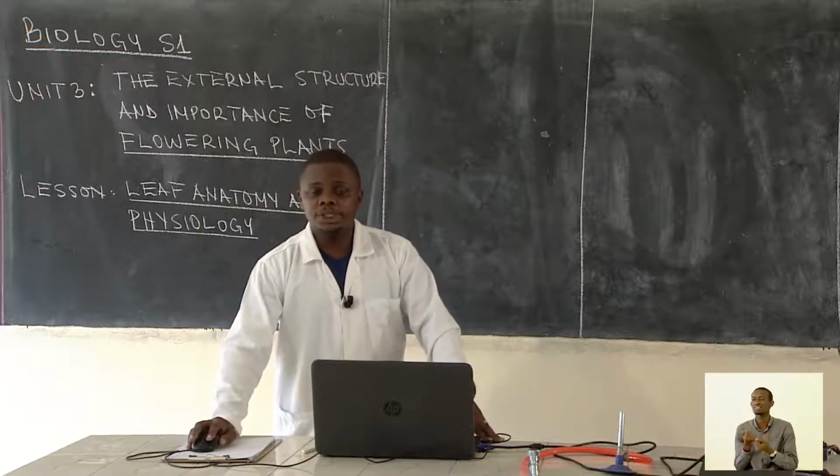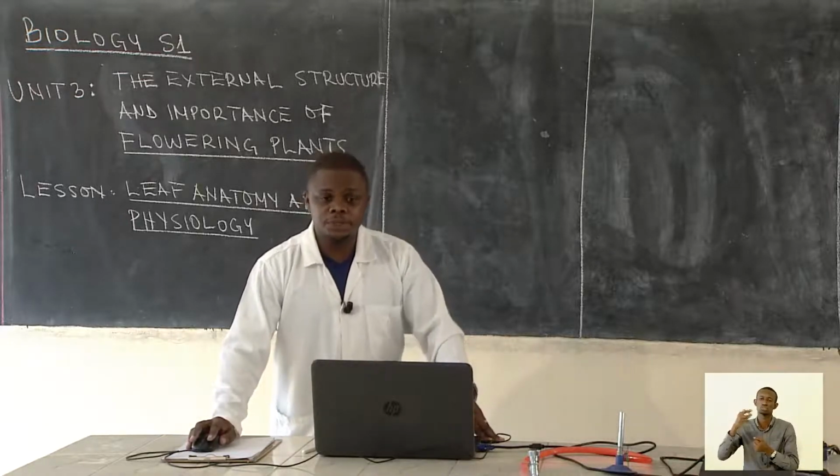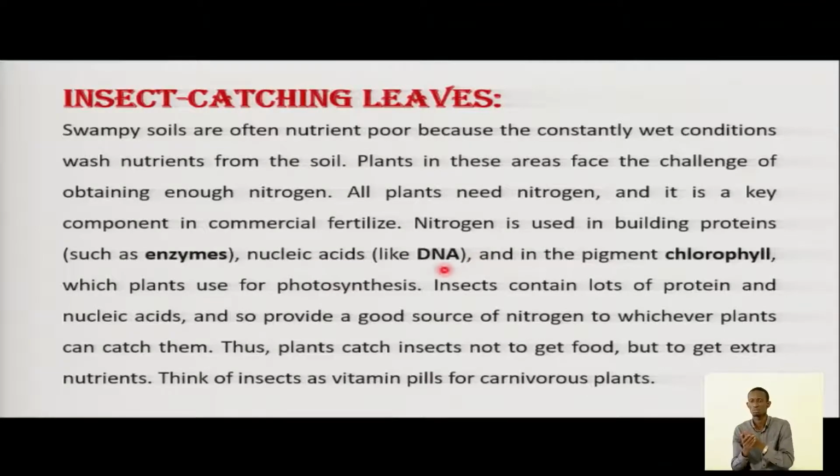Then nitrogen is also needed in the formation of nucleic acids like DNA, or deoxyribonucleic acid. Nitrogen is also needed in the pigment chlorophyll, which is needed for photosynthesis. And that nitrogen comes from where?